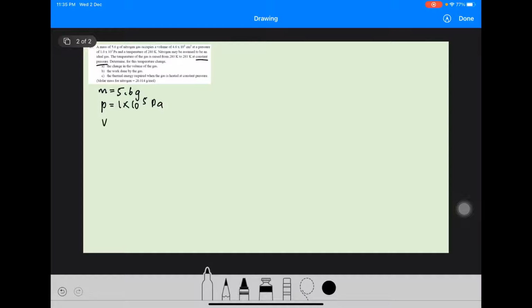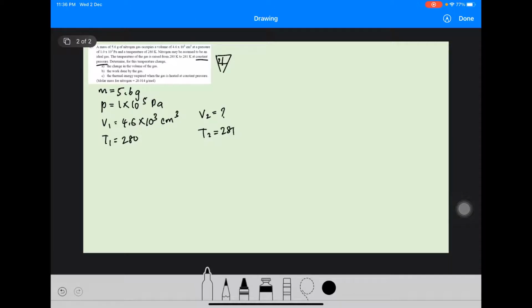Initial condition, I put V1 equals 4.6 times 10 to the power of 3 centimeter cube. Final condition V2 is the one that we have to find. This one is not given. Then temperature 1 equals 280, and temperature 2 equals 281. Okay, and then if you still remember our triangle, the one that we always use.